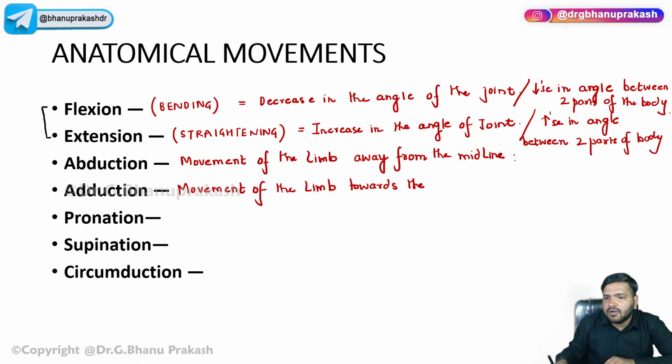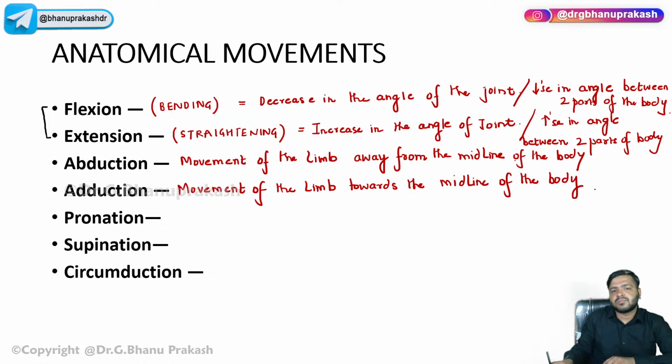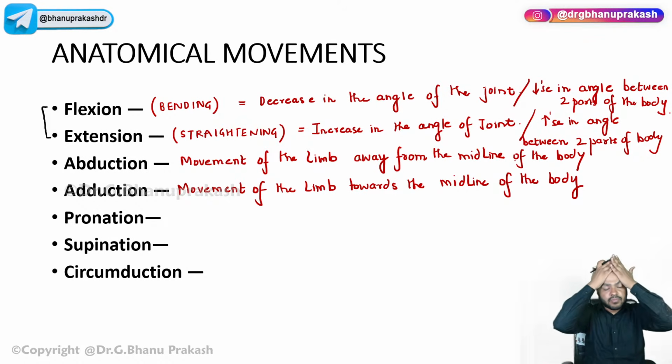Just write down towards the midline of the body. Movement of the limb away from the midline of the body and movement of the limb towards the midline of the body. Abduction and adduction.